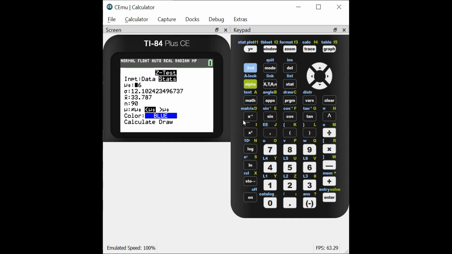Oh, mu naught can. Then what's your x bar? What do you key in for your x bar? Sigma is square root of the 0.2 square, which is just 0.2. Oh. Then what's your x bar?